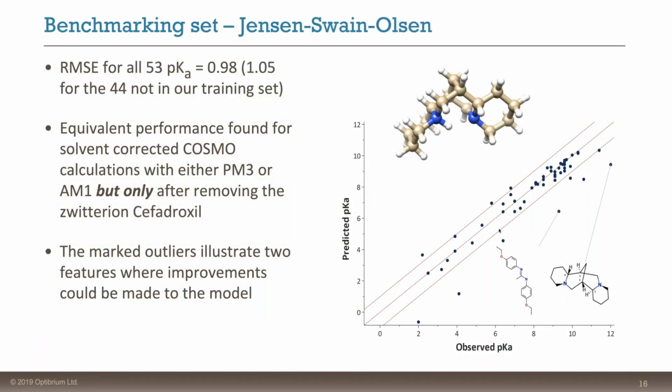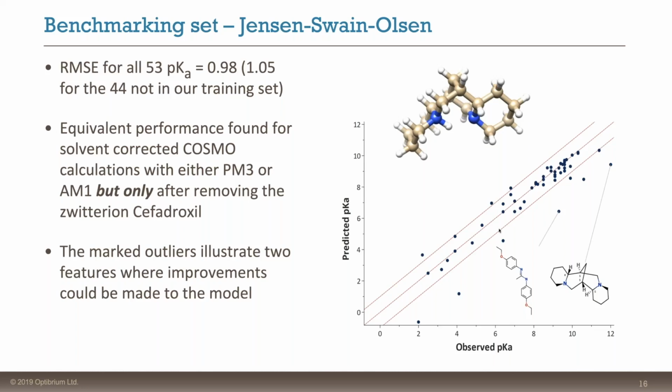So the other data set, the Jensen, Swain, and Olsen, I've listed again our predicted versus actual results. This is a little bit complicated in the sense that these are drug molecules. These are things that people were really interested in, and so some of these compounds do actually occur in our training set.